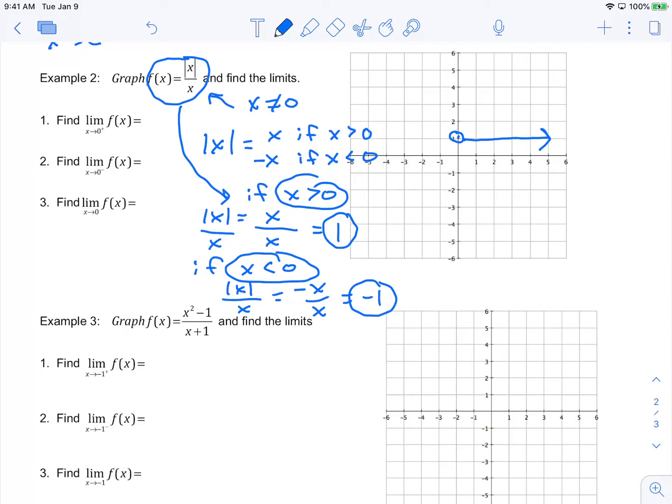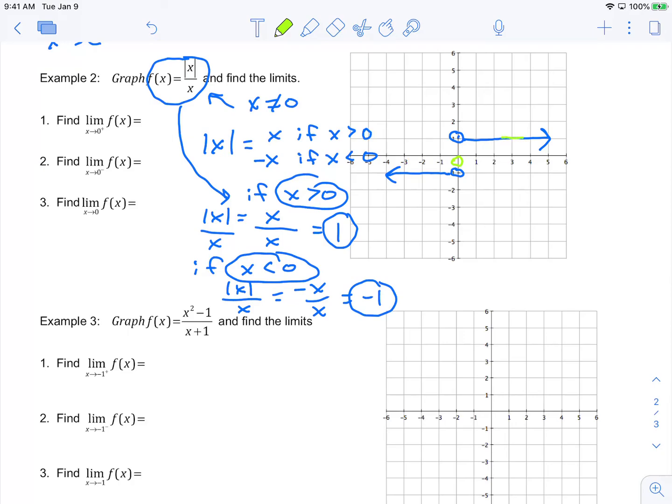Same thing over here, horizontal line at negative 1, but we only want the portion of the graph that is to the left of x equals 0. All right, so now let's see if I can answer these questions. Let me change colors here. So find the limit as x approaches 0 from the right. So if we're approaching, remember, here's x equals 0 right here.